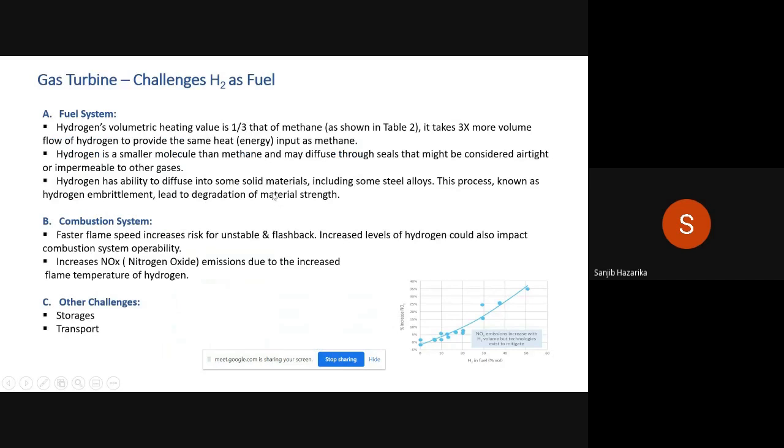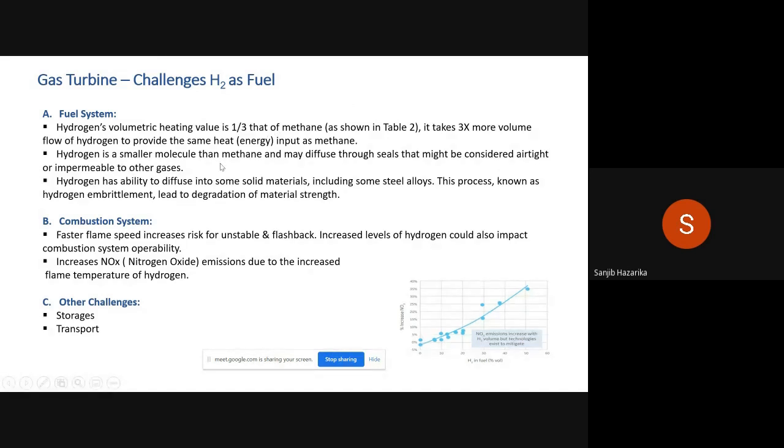Okay, so the same thing I mentioned earlier, the fuel systems need to be looked into, because the volumetric heating value of hydrogen is almost 1/3 of methane. So ultimately we need to allow more hydrogen to go to the gas turbine to maintain the same megawatt. That actually requires changes in the fuel system, fuel piping, valves, all those things.